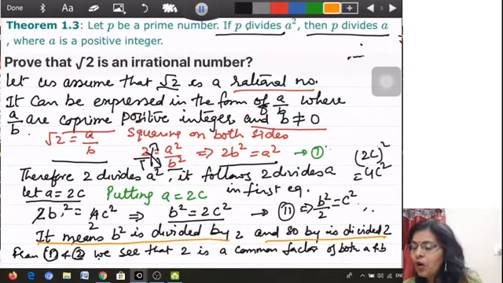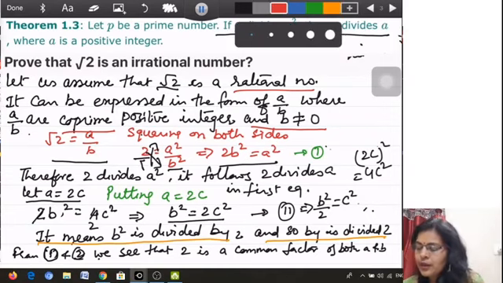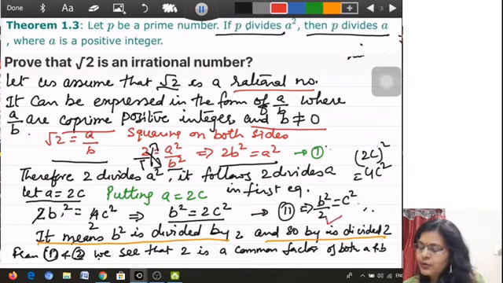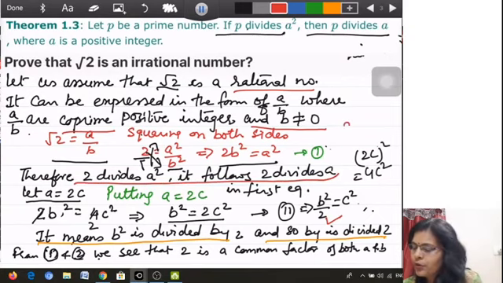So what common thing have we seen over here? That b is also divided by 2 and a is also divided by 2. This line has a lot of importance, that a square upon 2 and b square upon 2, so both have the common factor 2. 2 is the common factor of both a and b.